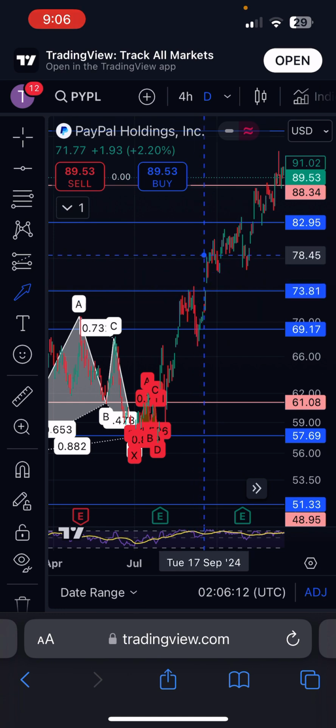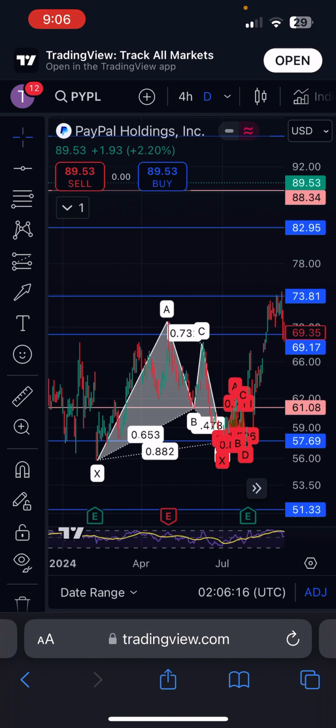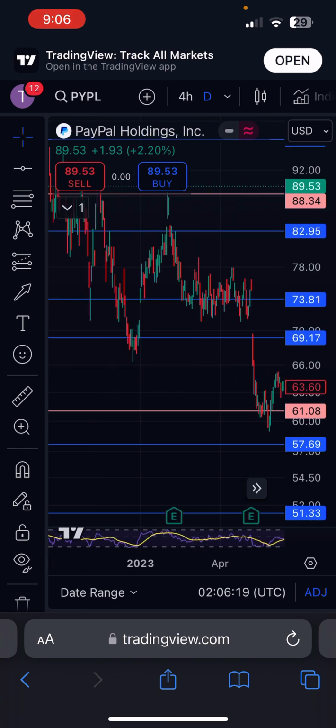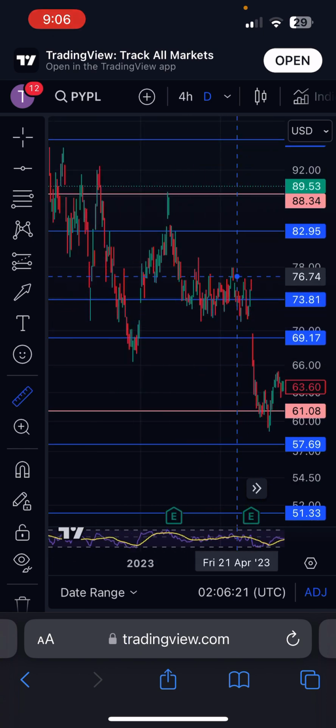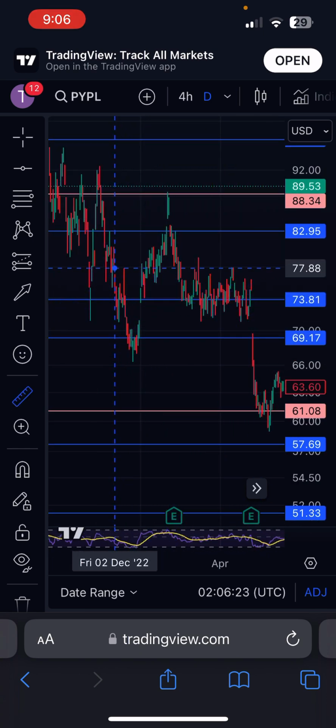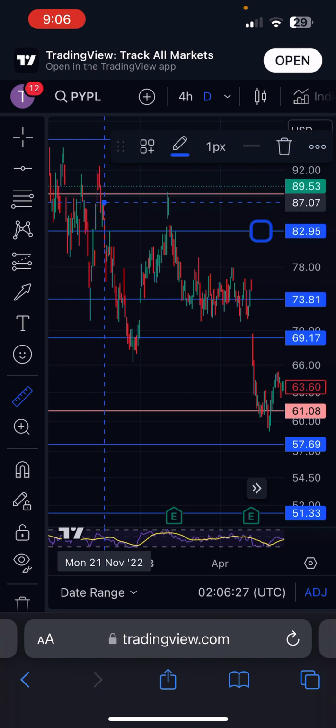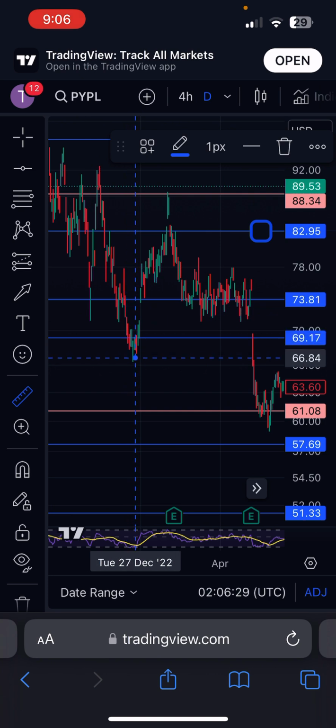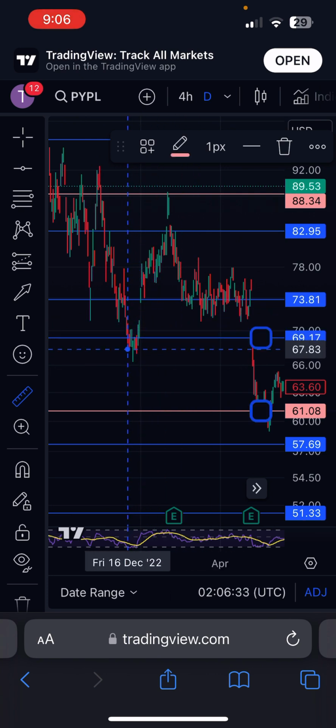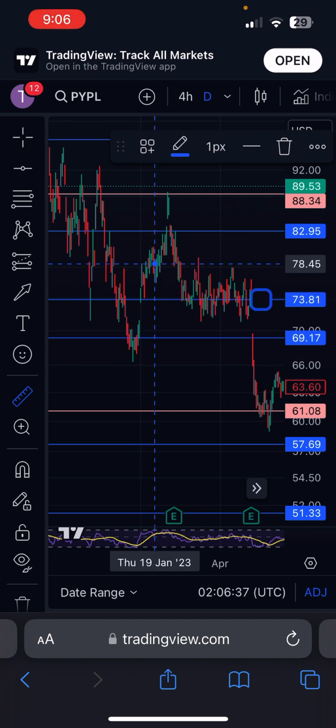You got to see how it's respecting these levels. Even crazier last time, it went all the way up here for the weekly, fell straight through, but held at this level. This is a strong monthly resistance. This is crazy, because then it gets right through.